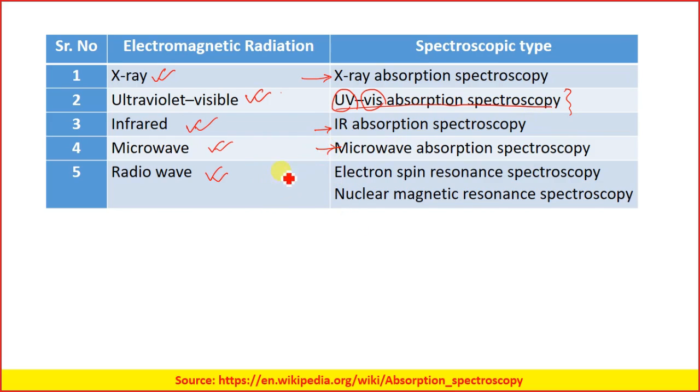Using radio waves, we can have two types of techniques: electron spin resonance spectroscopy and nuclear magnetic resonance spectroscopy. So these are the different spectroscopic techniques which employ electromagnetic radiations for the analysis of different compounds or analytes.